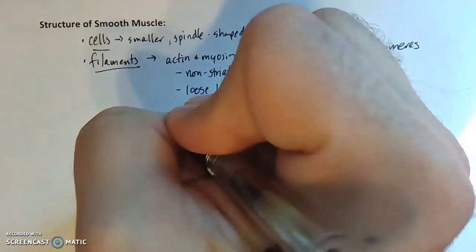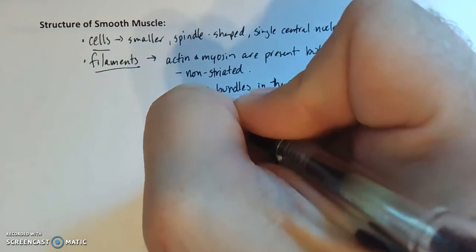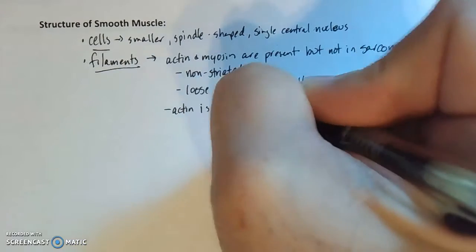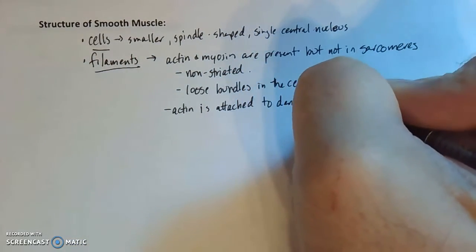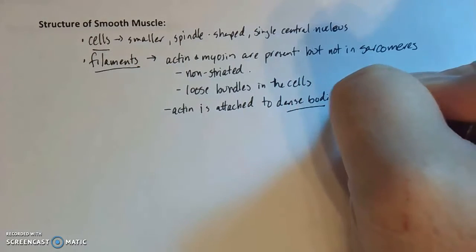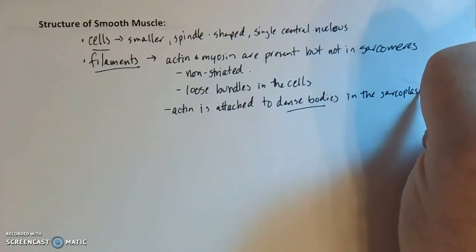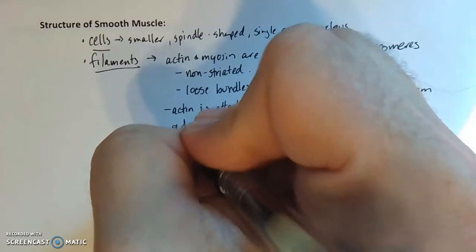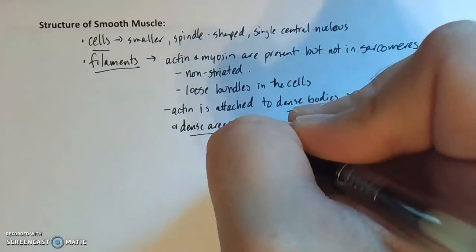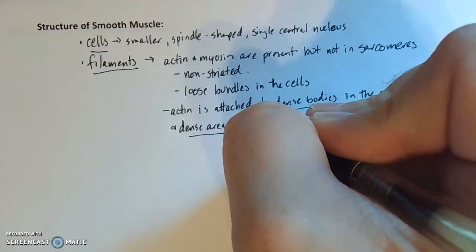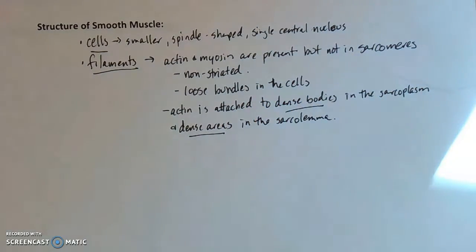And actin is attached to dense bodies in the sarcoplasm and dense areas in the sarcolemma, which is the plasma membrane.